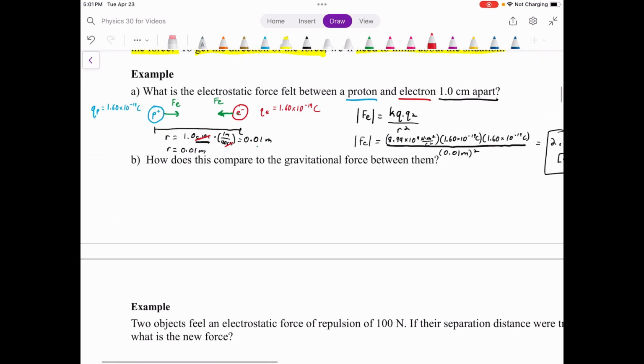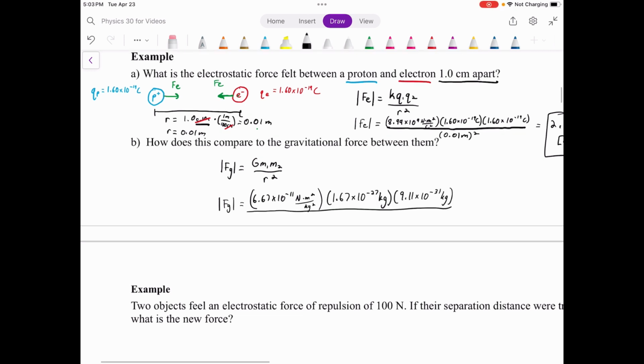Let's see what happens when we do that. All right, so I've set up my equation for calculating the force of gravity. Let's put in our numbers. G is 6.67 times 10 to the negative 11 newton meters squared per kilogram squared. That never changes. It's the gravitational constant. Mass of a proton and mass of an electron we can get from the back of our formula sheet. And they're separated by 1 centimeter.